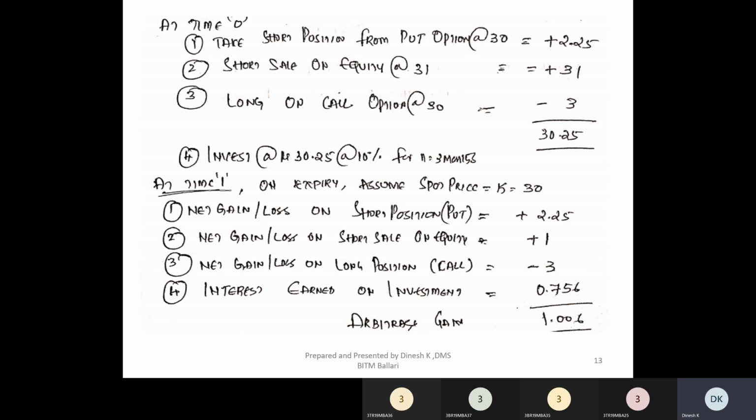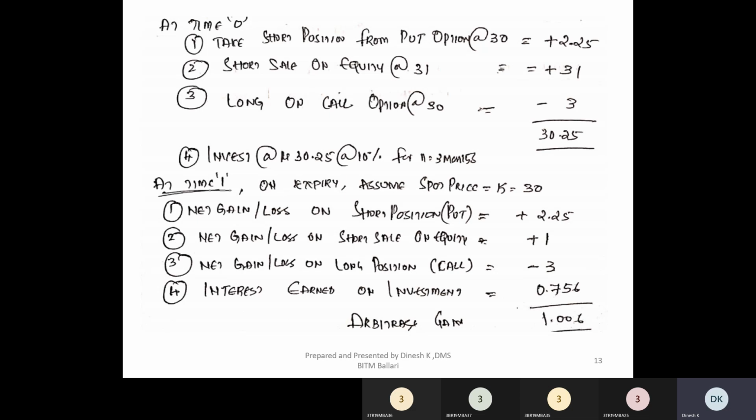You have an obligation to buy for 30. Whether the put buyer, who has a right to sell to you, will come and execute the contract or withdraw it. What would be the action of the put buyer here?